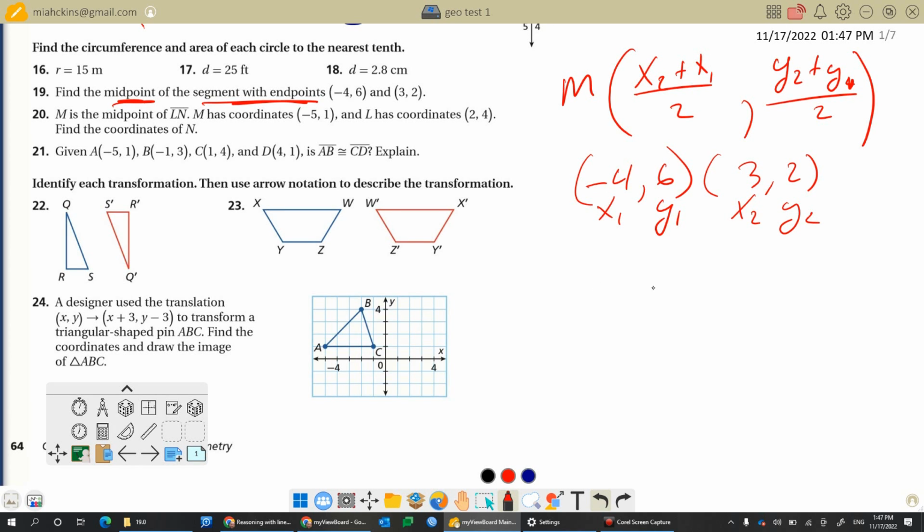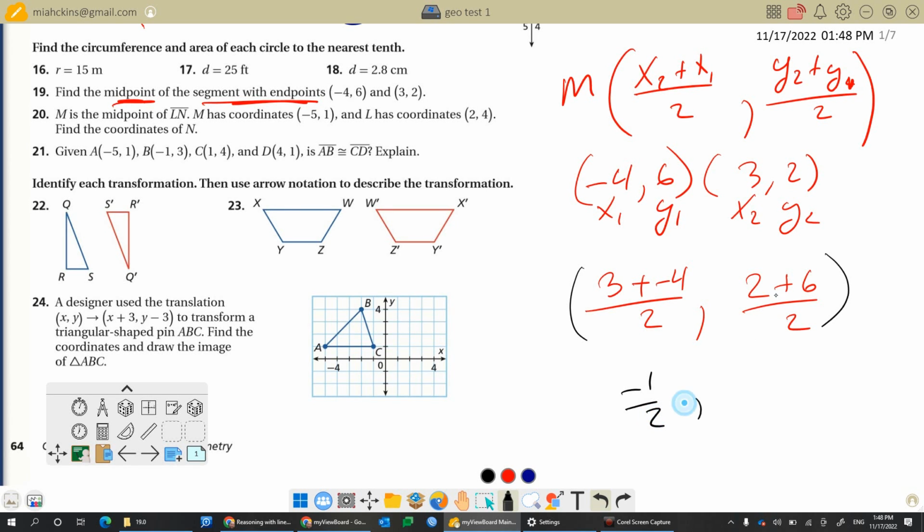So then x2 is 3 plus x1 is -4 divided by 2, comma, and then y2 is 2 and y1 is 6 divided by 2. And then we just run those through our calculator. Remember that you want to do the top and then you do the bottom. So when you do 3 plus -4, that's really just 3 minus 4, which is -1/2.